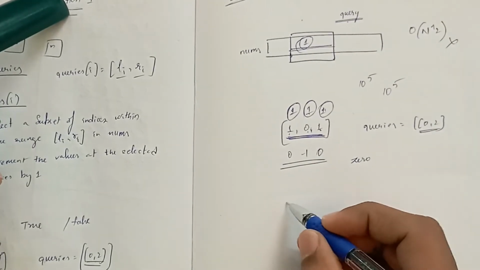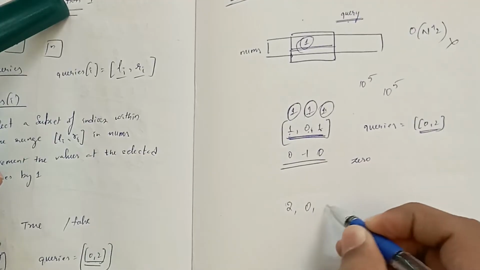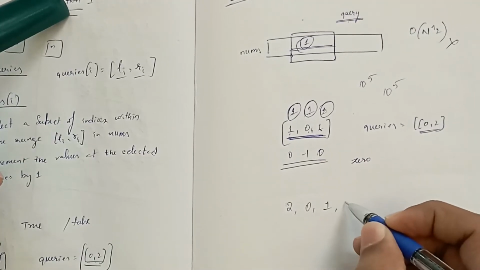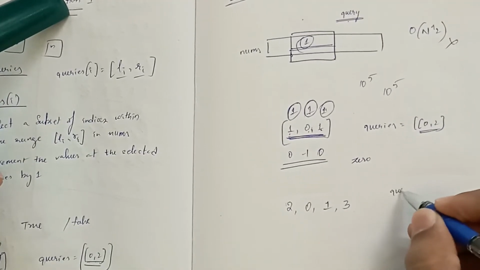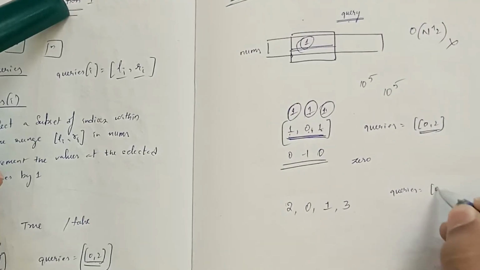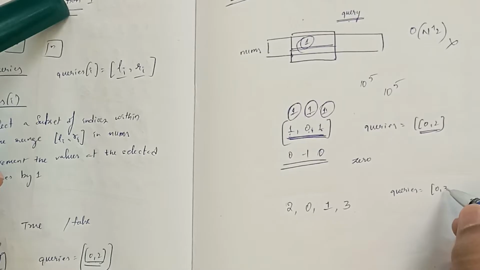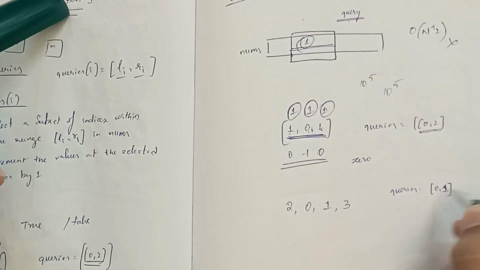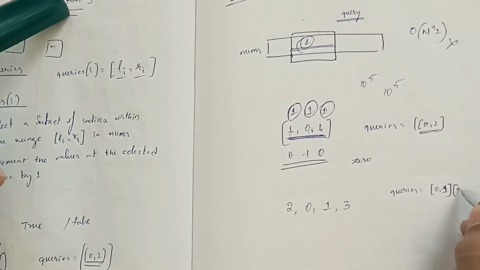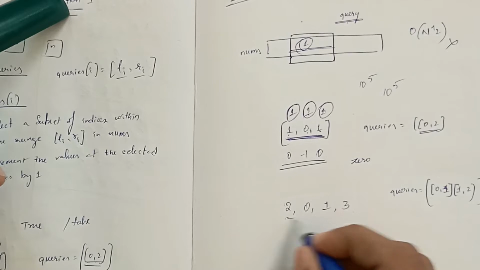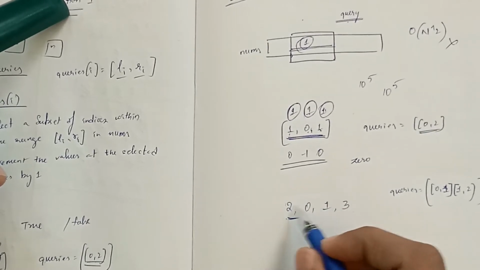Imagine we have another example like [2, 0, 1, 3], and we are given queries 0 to 1 and 1 to 2.